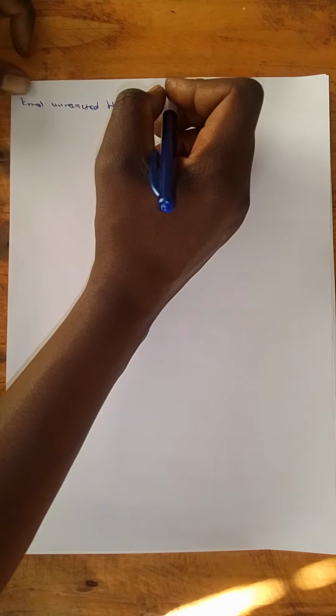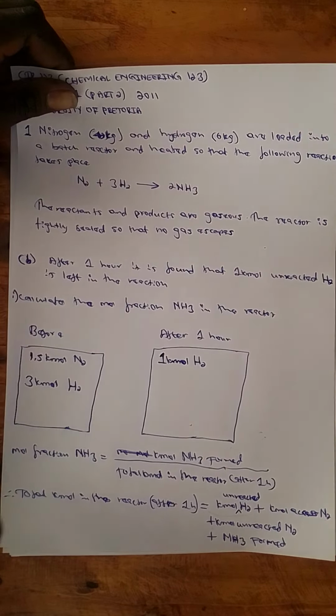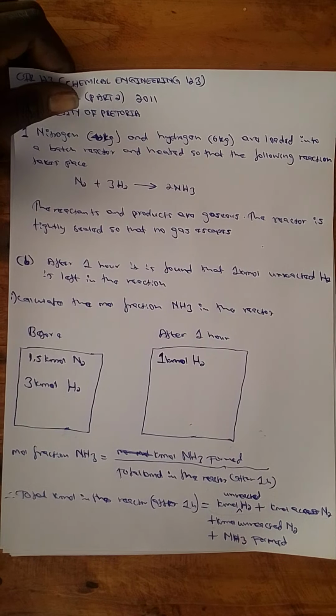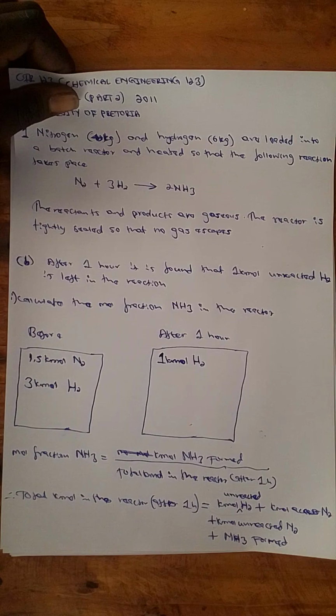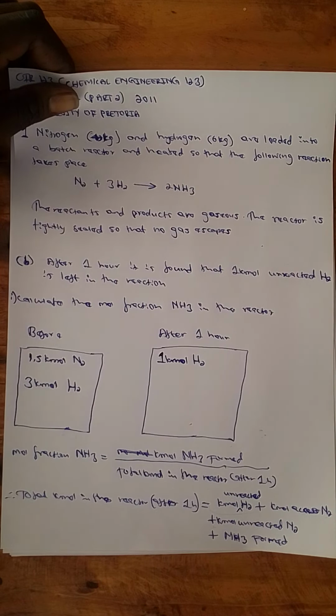And then we have the kilomole unreacted N2. Remember that the hydrogen is limiting, so we expected it to react because it had enough of the nitrogen, which was in excess. But now if 1 kilomole is not reacted and it should have reacted, the question is how much of the nitrogen that should have reacted actually did not react.